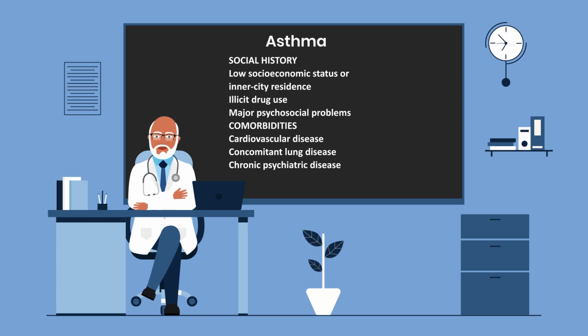And of course, those who may have mental illness where there's major psychosocial problems. And the third thing we want to talk about is the comorbidities. Persons with comorbidities such as cardiovascular disease or concomitant lung disease or chronic psychiatric disease are equally at risk for death from asthma.